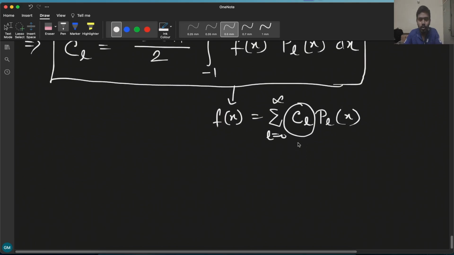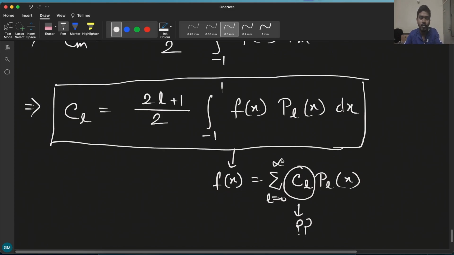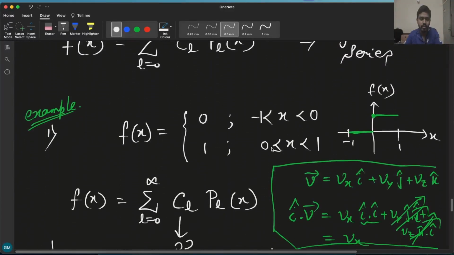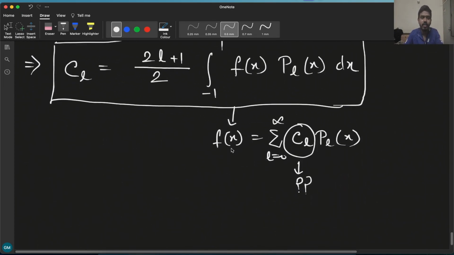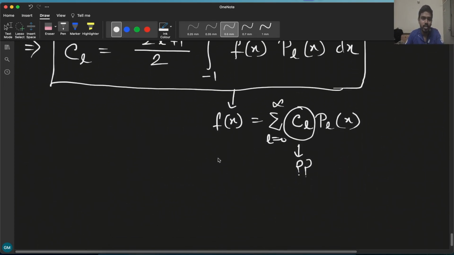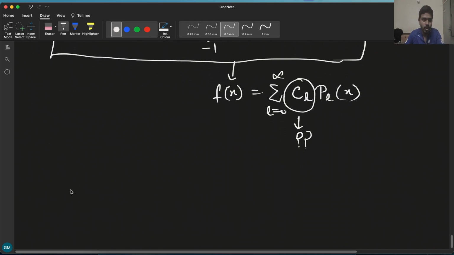And here also we want to find these coefficients, and now instead of this general form of a function, we have a specific function that is given by this. So using that definition, we will calculate the values of the C_L.